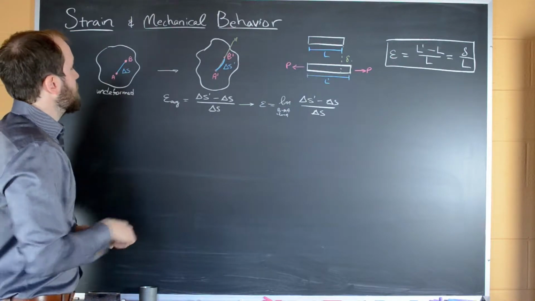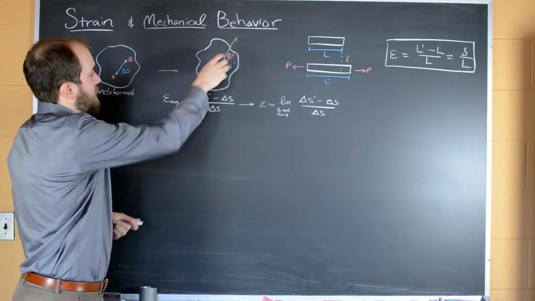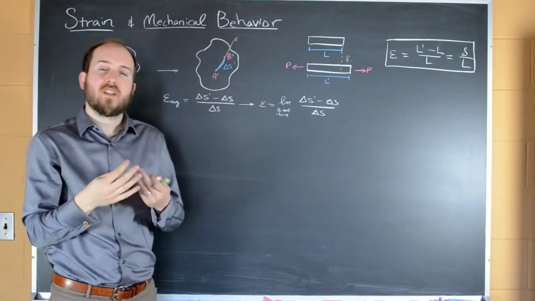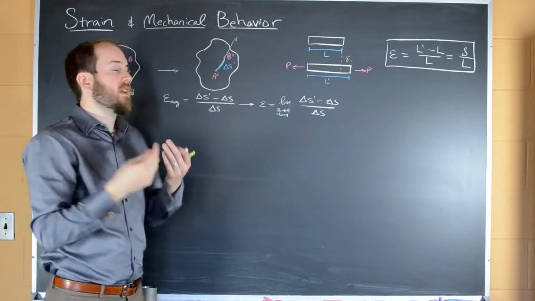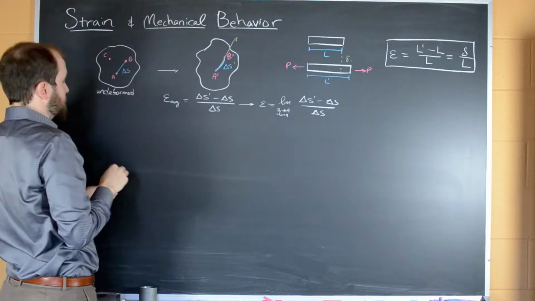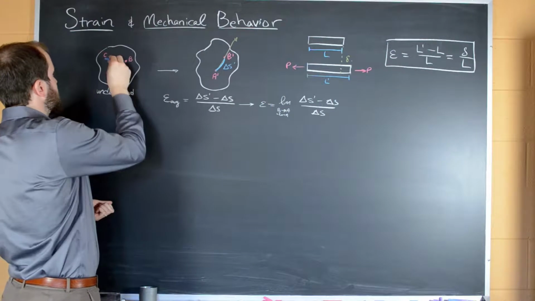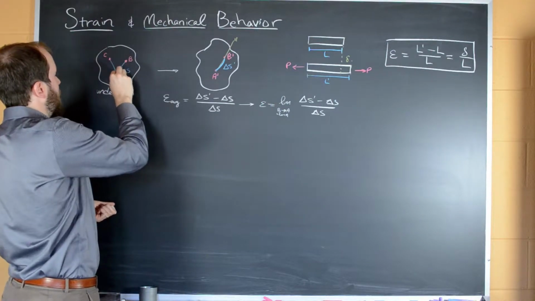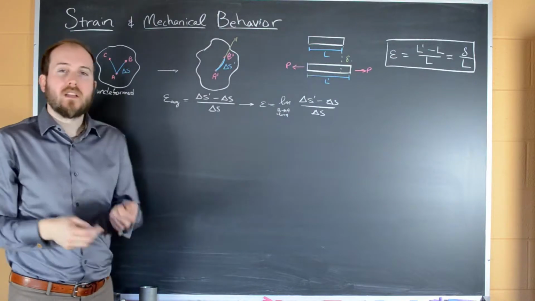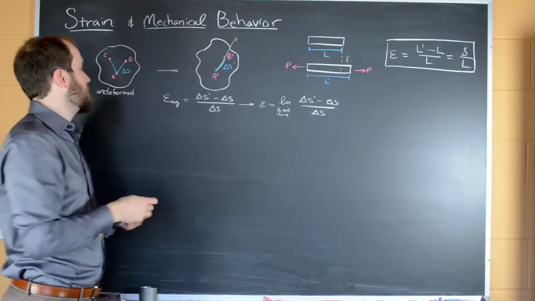So we talked about the change in length as we deformed an object arbitrarily. But instead of looking at 2 points, we can also look at 3 points. And so we can put another point here, call it point C. And we can look at the angle between these 2 lines.